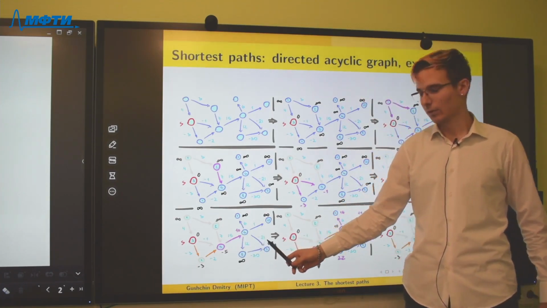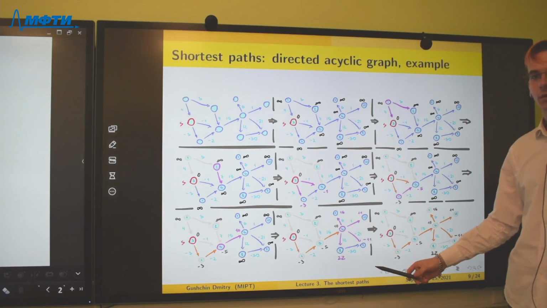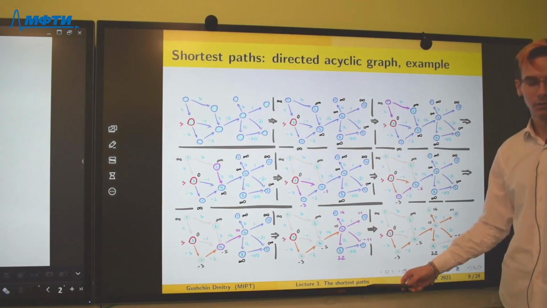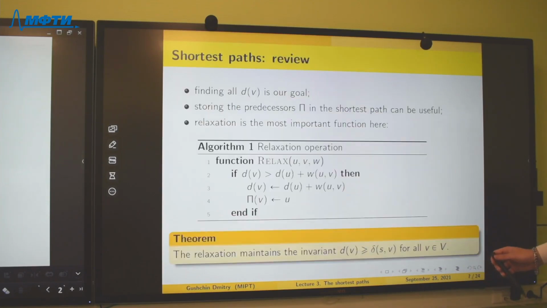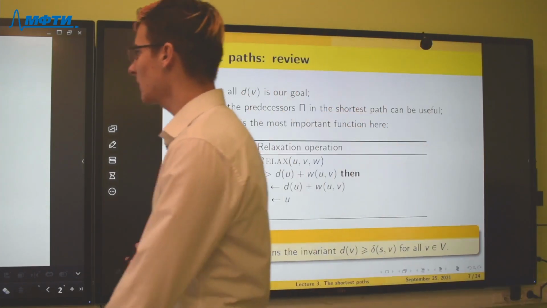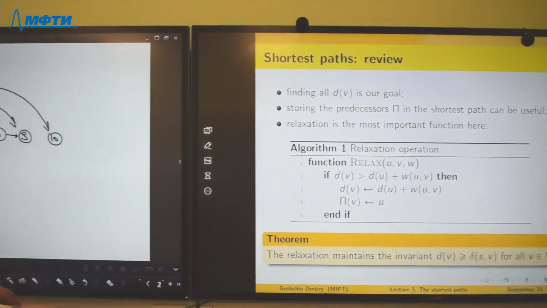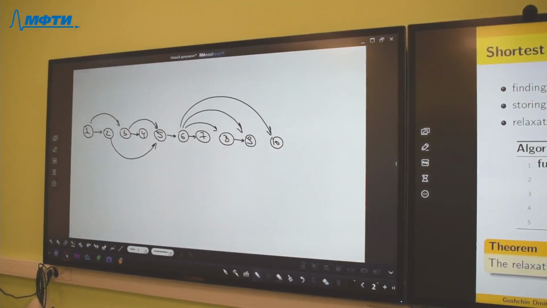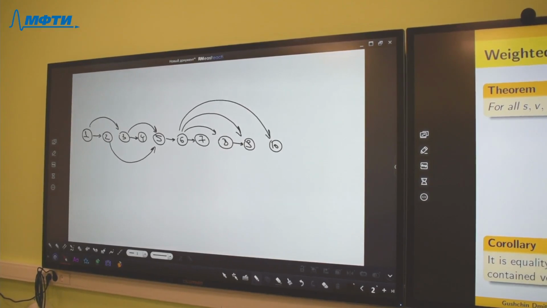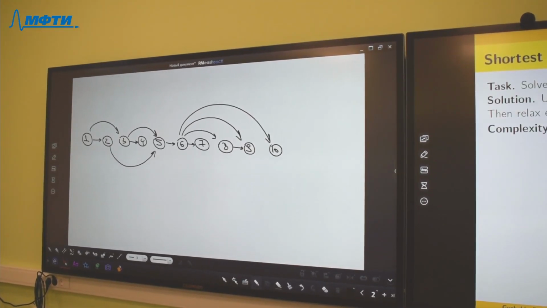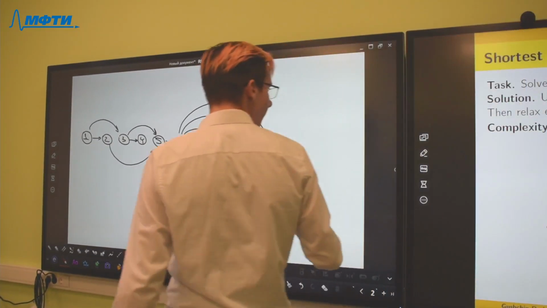Can you please apply the relaxation on one of these? I just want to know dv, dw, du, and w. How it works? Which one is which one? Okay, we can see. I will draw the weights of this graph.